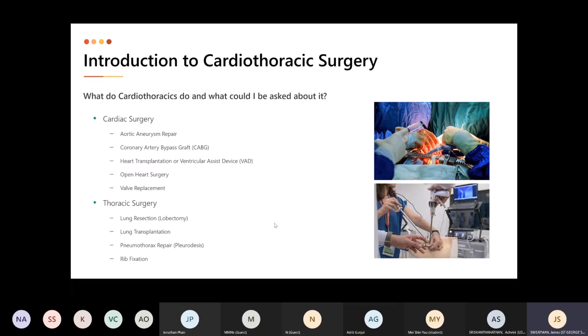Coronary artery bypass grafts, or CABGs, heart transplantations and ventricular assist devices, all those funky things, open heart surgery and valve replacements. Thoracic surgery, things they mostly do: lung resections or lobectomies, transplantations, pneumothorax repairs, so things like pleurodesis, and rib fixations. Most of that is done through VATS, and this is VATS here. That's like laparoscopy for the chest, which is pretty cool.